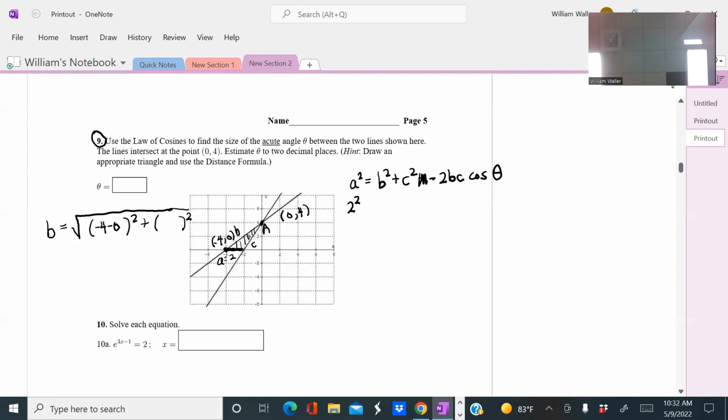Difference in the x coordinates. -4 minus 0, square that, plus the difference in the y coordinates, that is 0 minus 4, and square that. So I get b is equal to the square root of, and now I have what? -4 squared, that's 16. This is -4 squared again, 16. So it looks like b is the square root of 32.